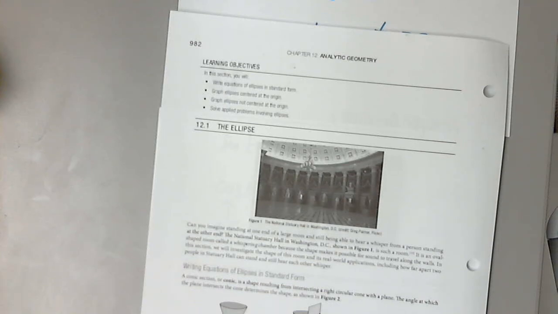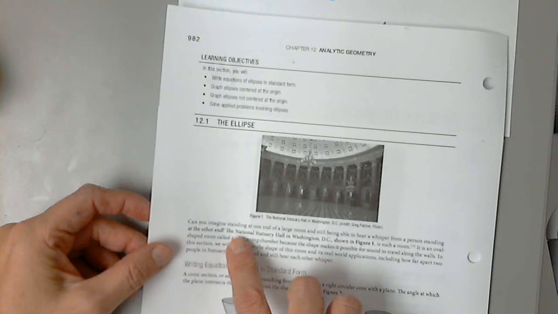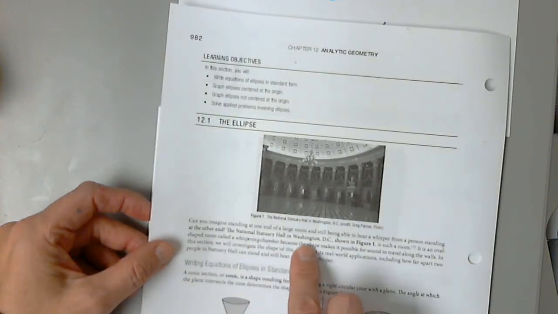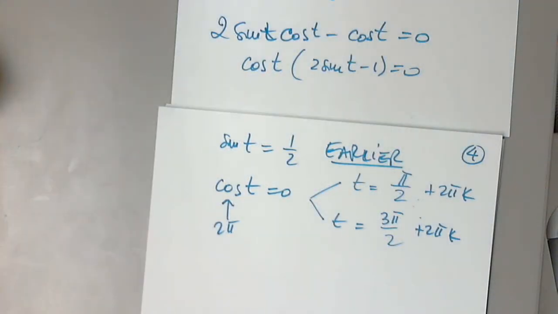It's not very clear, but this is a dome at, I think, the National Statuary Hall in Washington, D.C. It's difficult to see because I think the copy is not very good. But the dome is in the form of an ellipse. If mathematicians hadn't come up with that, the builders probably wouldn't know how to build that dome. What is so special about it is that everywhere you are, if you whisper, it's heard all over the place because of the way it is built.